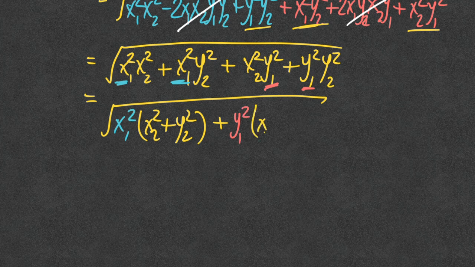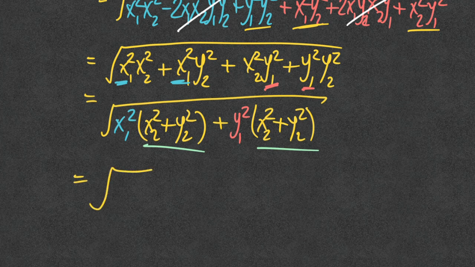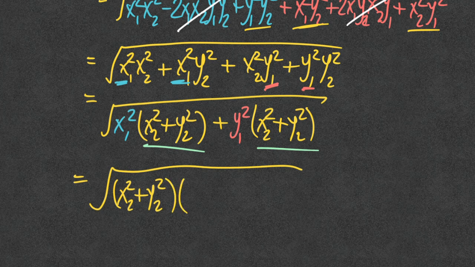And I have the same thing left over, x2 squared plus y2 squared. Finally, I'm going to factor out that x2 squared plus y2 squared. And when I do that, the thing left over is going to be x1 squared plus y1 squared.